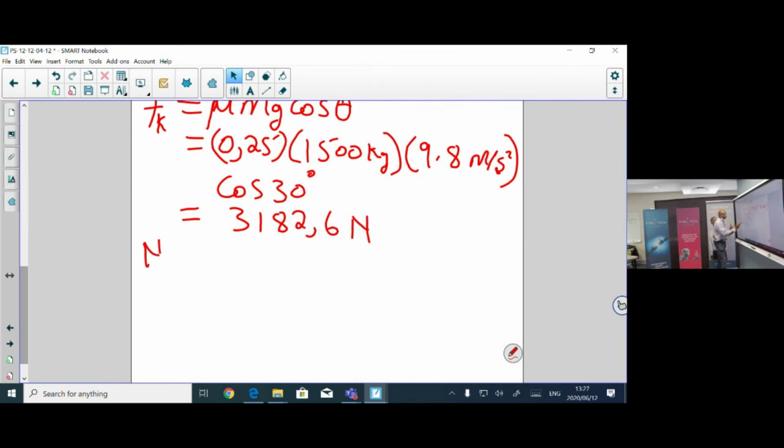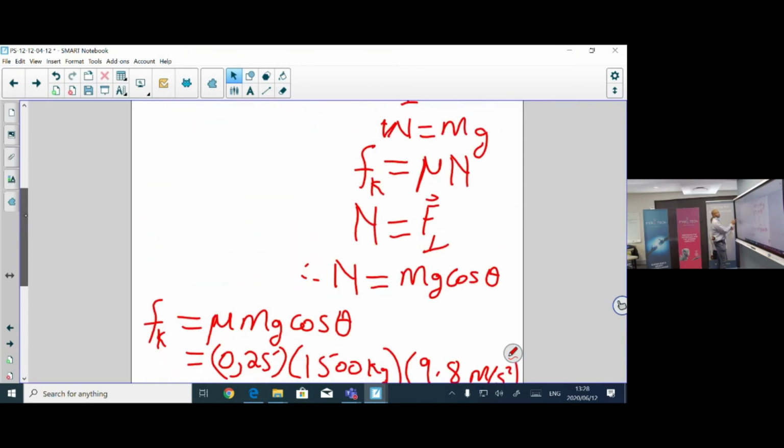Now we have to calculate F parallel. This is the force pointing downward. F parallel is equal to, we have a formula.